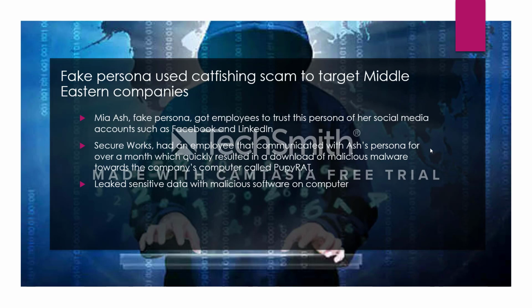An employee in the company would trust this persona's social media account, and the Mia Ash persona would talk to this one employee over a month, quickly gaining that trust, which resulted in a download of malicious malware called PupyRAT onto the company's computer. Unfortunately, this linked sensitive data with the malicious software they had on their computers, and it was a big deal.